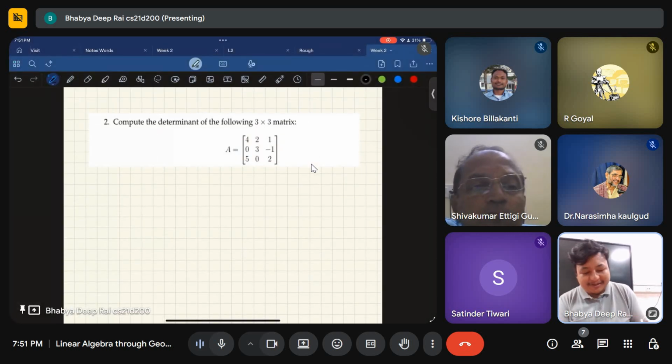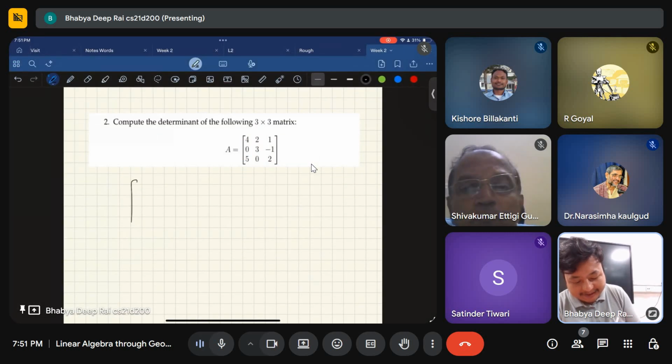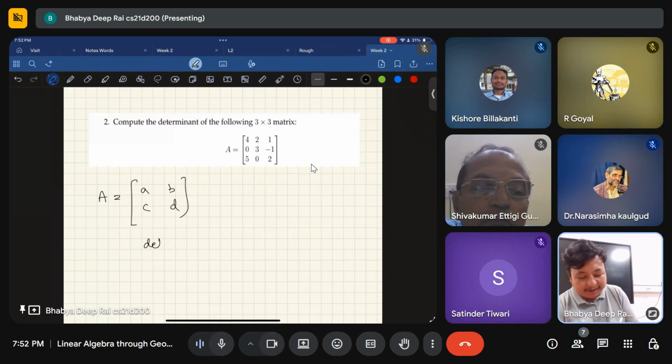What is a determinant? You've probably already seen in high school that if A is the matrix with rows A, B and C, D, then the determinant of A is AD minus BC.